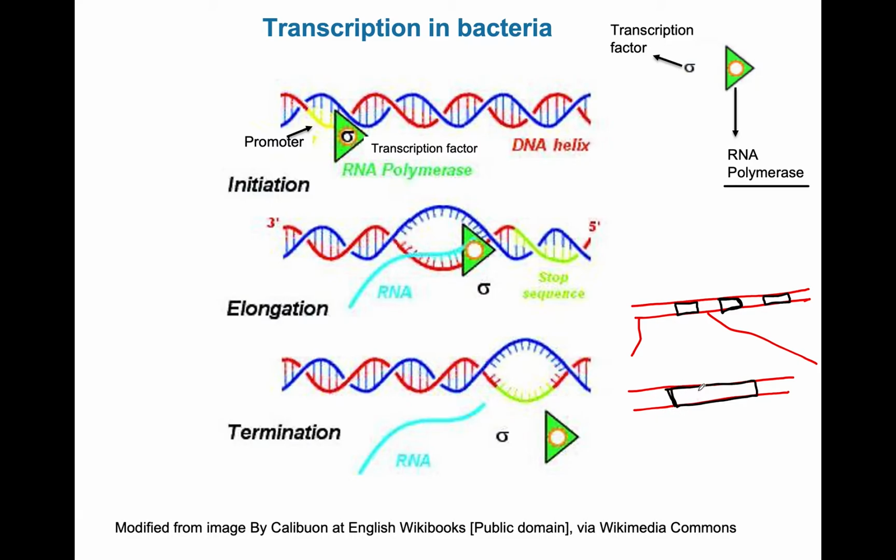Okay, so this gene needs to be copied into an RNA. But how does the RNA polymerase know where to find it? It turns out it can find it by a particular sequence that sits before the gene starts. Usually it has a signature sequence, but I'm not going to go into it because at this point it's really not important. And this sequence basically, its job is to recruit RNA polymerase.